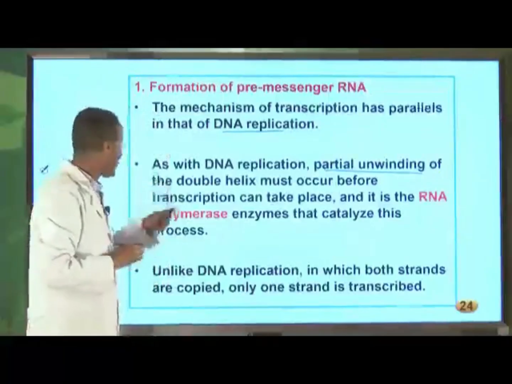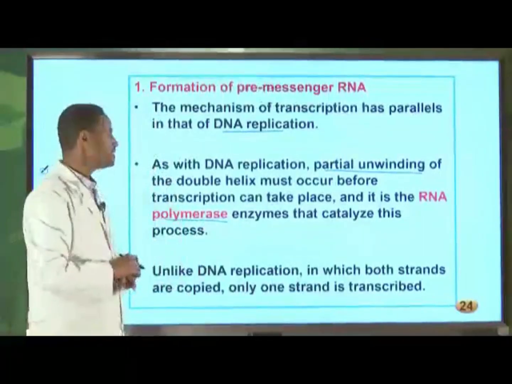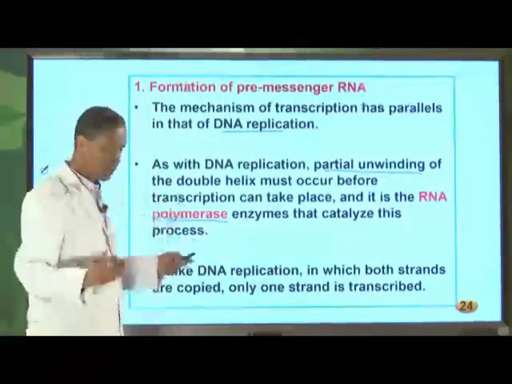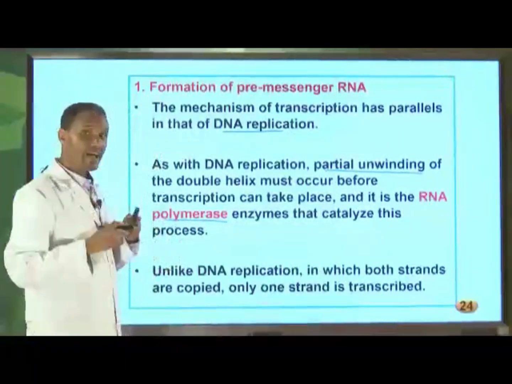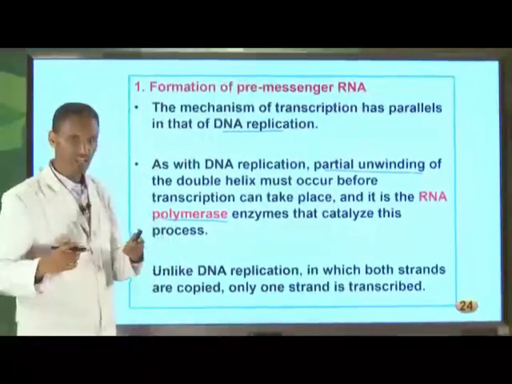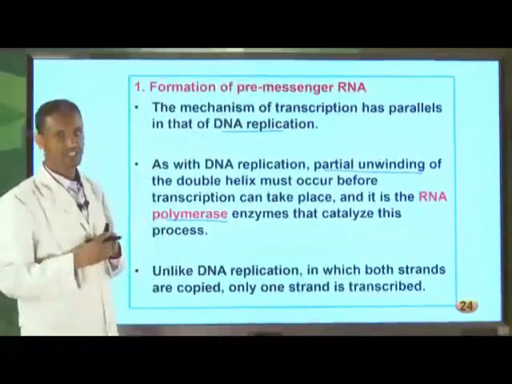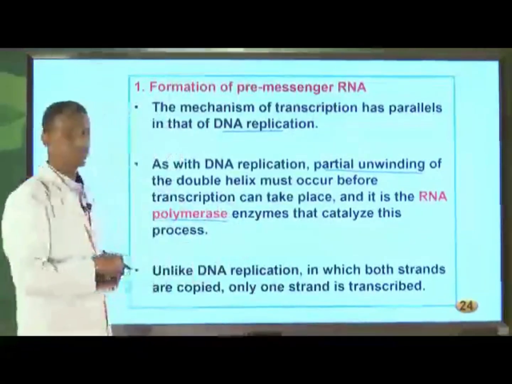And it is the RNA polymerase enzyme that can catalyze this process. At the beginning of transcription, like that of replication, the double helix DNA should be unwound. This can be facilitated by the enzyme RNA polymerase.